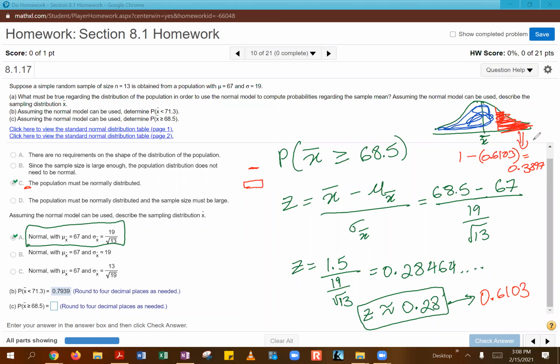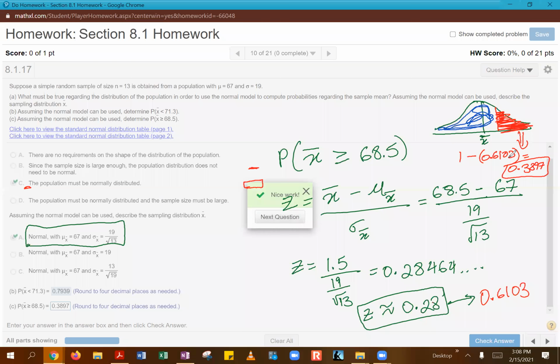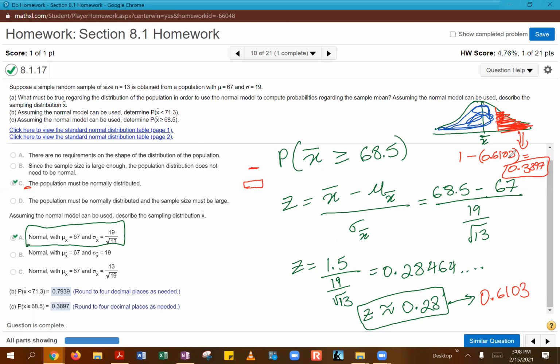So that's kind of what we are looking for, that area. Okay, so let's go ahead and plug this number in. 0.3897. And remember, they're asking us to round it to 4 decimal places. So just be careful about that rounding. We'll check our answer and you are good to go. So you can see how this question comes out to be.